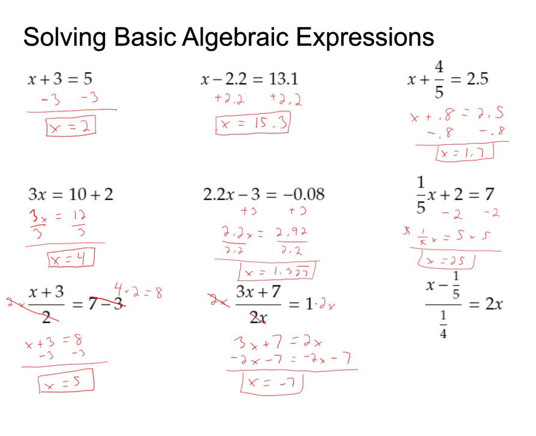Finally, we have x minus 1/5 over 1/4 is equal to 2x. So what we're going to do is start by multiplying both sides by 1/4. That's going to leave us with x minus 1/5 is equal to 1/2 x. Then we can subtract 1/2 x from both sides.